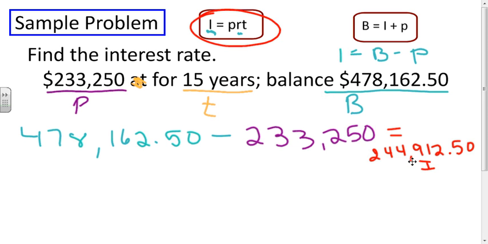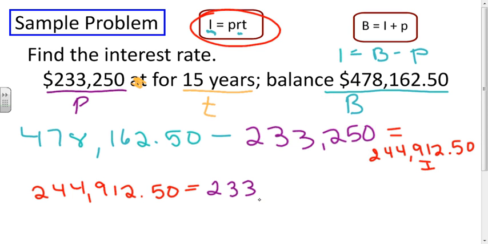So now I want to go back to my simple interest formula here, and I'm going to substitute my interest, $244,912.50. That's going to be equal to my principal. So back from the problem, my principal was $233,250 times my rate. That's what I don't know. My rate is the variable that I'm solving for here, times the time, which was 15 years. I'm going to simplify just a little bit here.